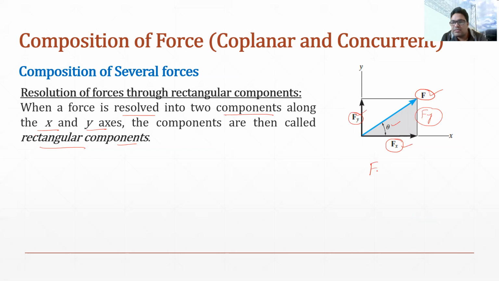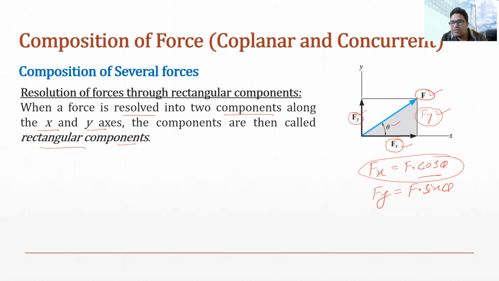So Fx in this case can be written as F cos theta, because Fx is representing the base of this triangle. Using the triangular relation, we can write Fx as F cos theta. Similarly, Fy can be written as F sin theta. Now, why am I writing this? Because as I said, all the inclined forces, if they are in any particular quadrant of the xy plane, will form this triangle, and this triangle is a right triangle, and we can easily use the basic trigonometrical functions like sine, cos, tan.